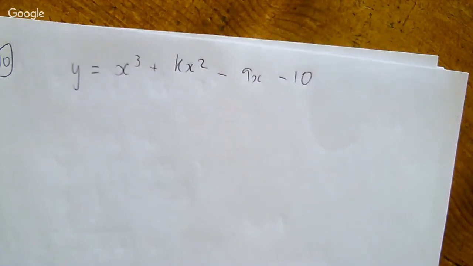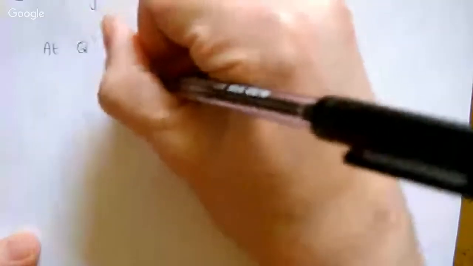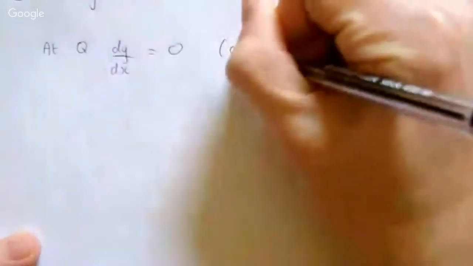The 2 stationary points on the graph C are denoted by Q and R. It says that the x coordinate of Q is minus 1. Find dy by dx and hence show that k is equal to minus 3. Okay, so we know that at Q, dy by dx is equal to 0 because it's stationary.